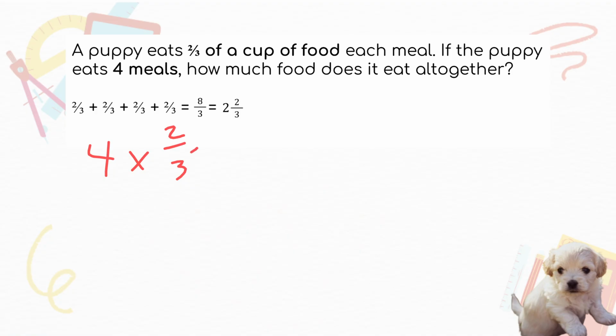Both of those get us the same answer of 8/3, which we simplified to be a mixed number, 2 2/3 a cup of food, all together in 4 meals. This repeated addition is showing us that 4 times 2/3, right? We're repeating or multiplying that fraction by a whole number.